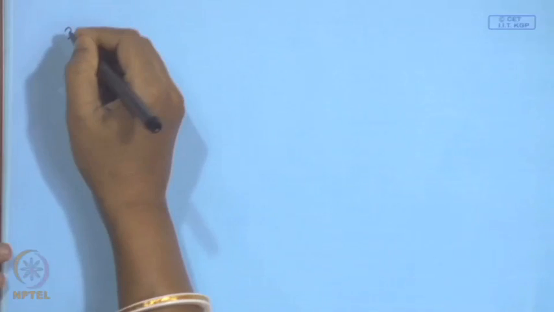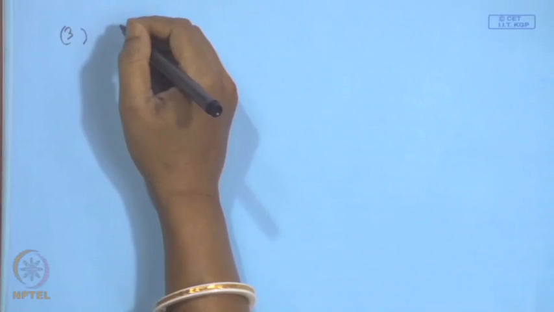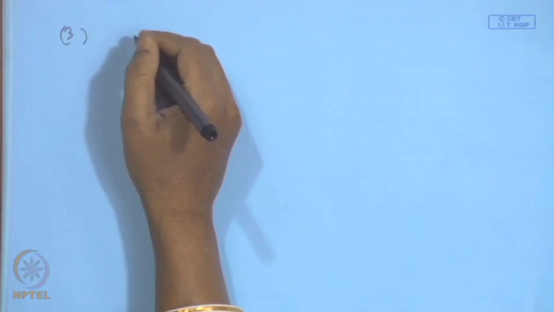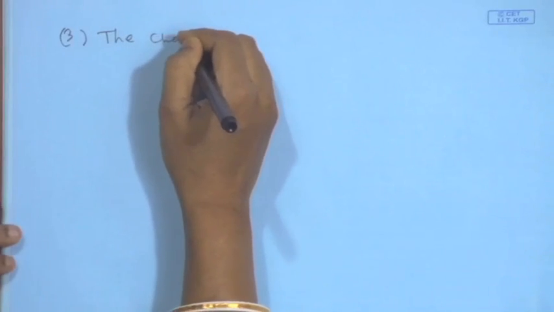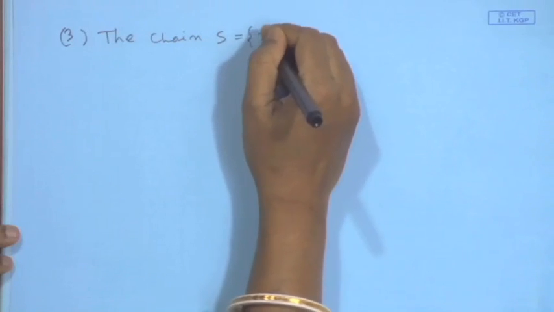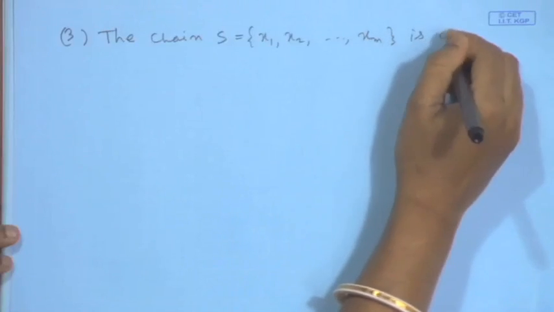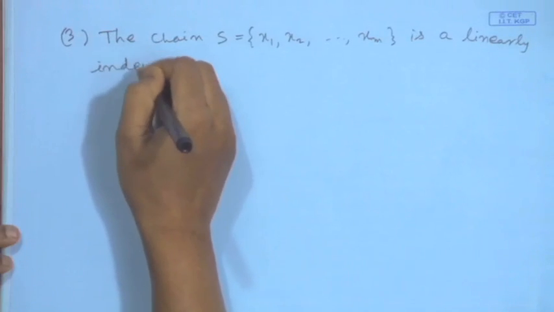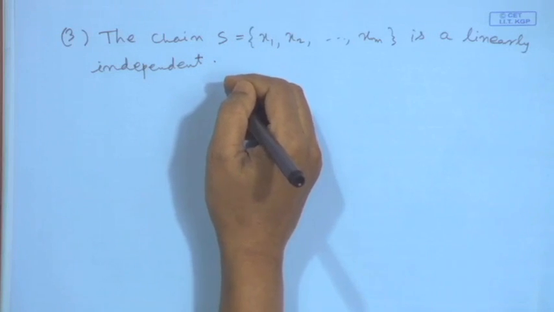Another important property is that this sequence of vectors x 1, x 2 to x m, or this set S, the chain, is a linearly independent set, and this property one can also check easily.